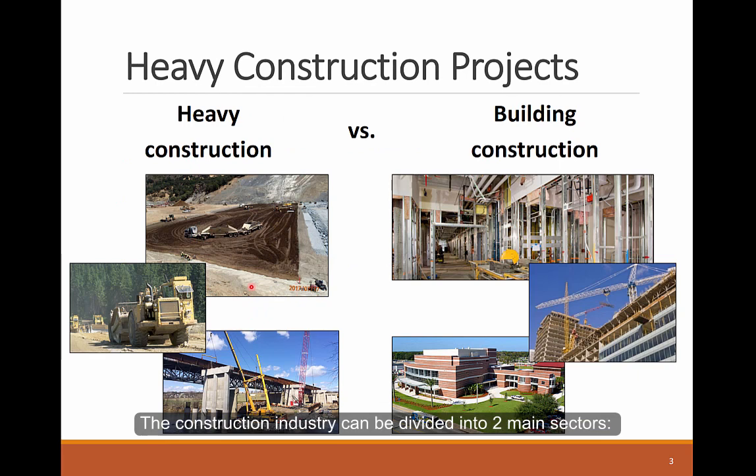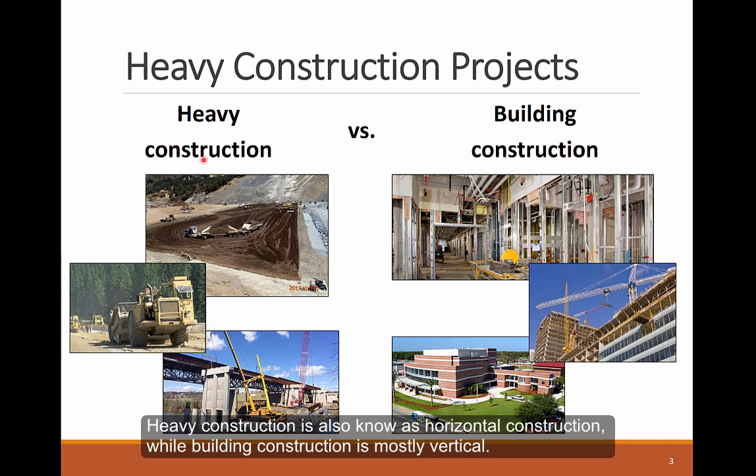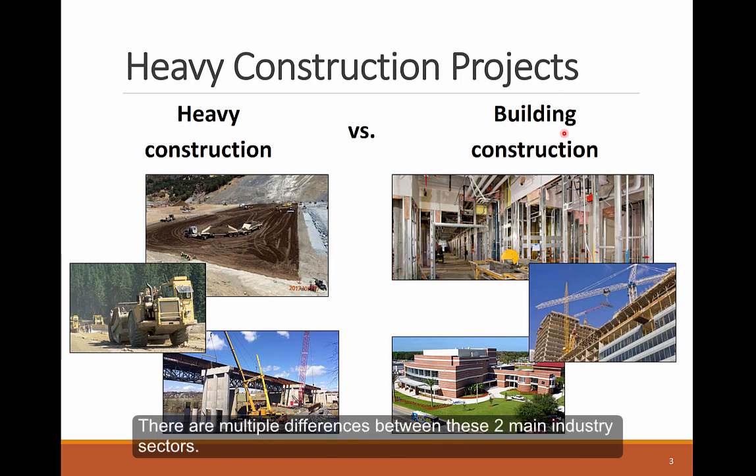The construction industry can be divided into two main sectors: heavy construction and building construction. Heavy construction is also known as horizontal construction, while building construction is mostly vertical. There are multiple differences between these two main industry sectors.